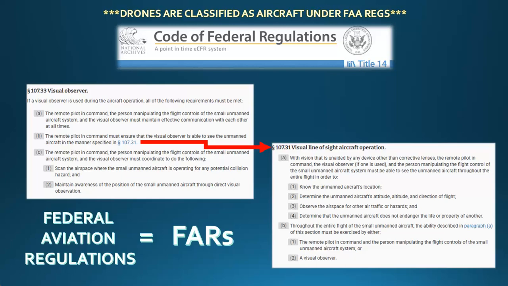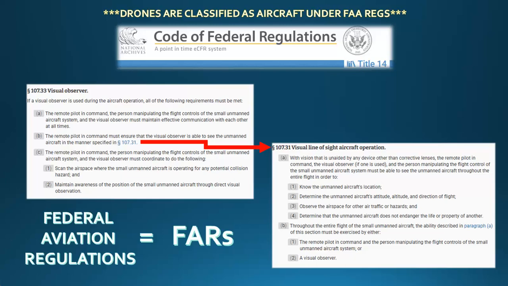The remote piloting command has to always, by regulation, be able to see it, but there are times when they won't. And if they get a waiver, as long as the remote piloting command can see it on the control console, the screen that's on the remote control, and they have a waiver to do so, they can actually get permission to fly without being able to see it anymore with their bare eye.